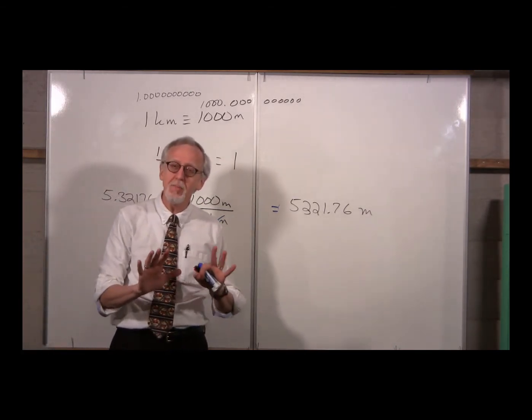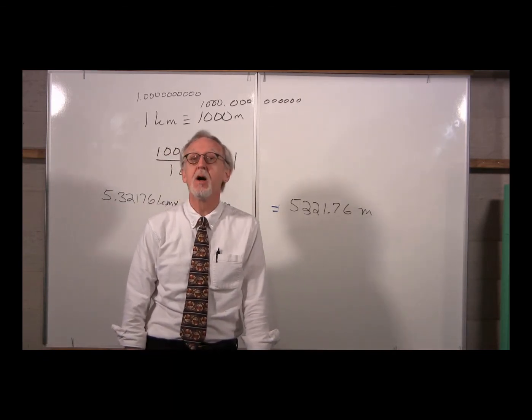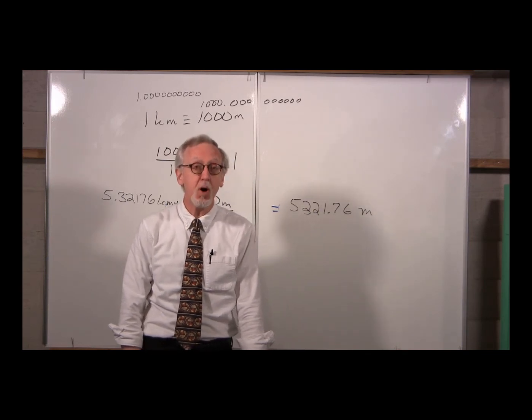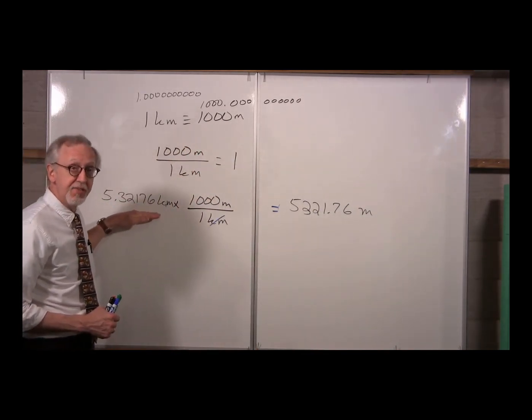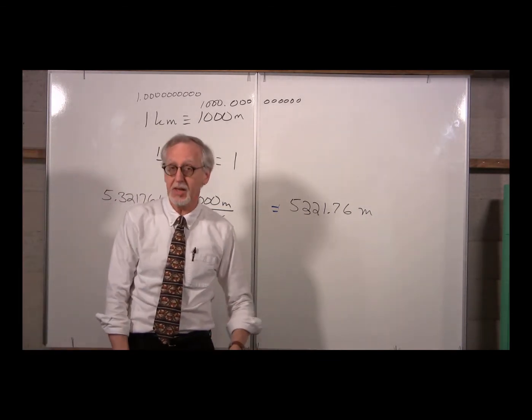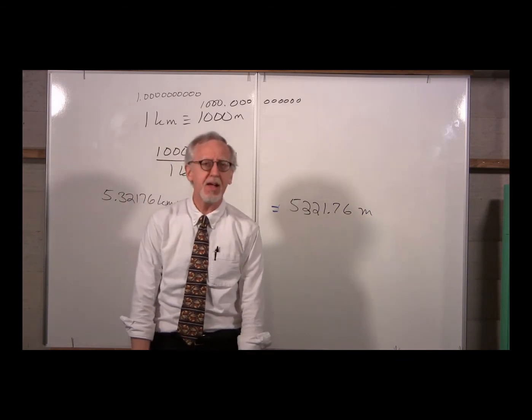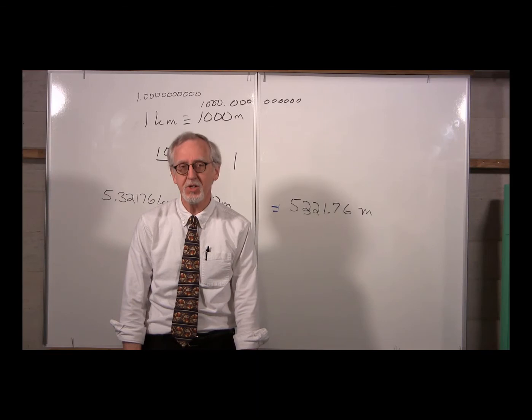Now, there's one more area that we need to go over a little bit, and those are vectors. Some quantities are not just values like this, but they have a direction associated with them. For example, if I were to tell you, I'm going to move 1 meter, do you know what I'm going to do?